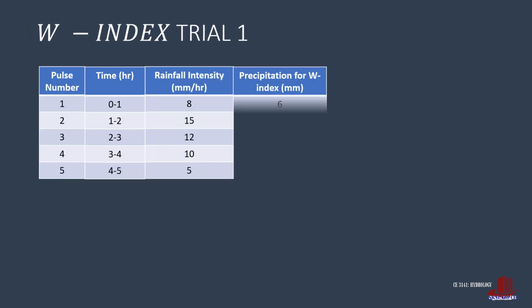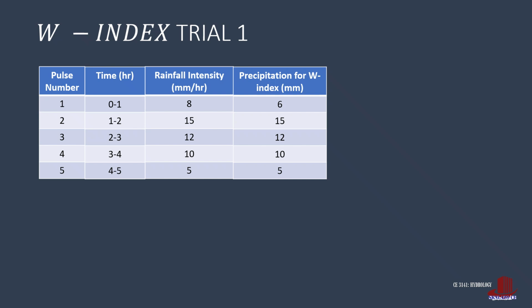With all parameters prepared, have the first trial in solving for the W index. Consider all the 5 pulses, thereby using t of 5 hours. From the equation, we have runoff of 23, and the precipitation P is the summation of the values in the last column. P is equal to 48 mm.